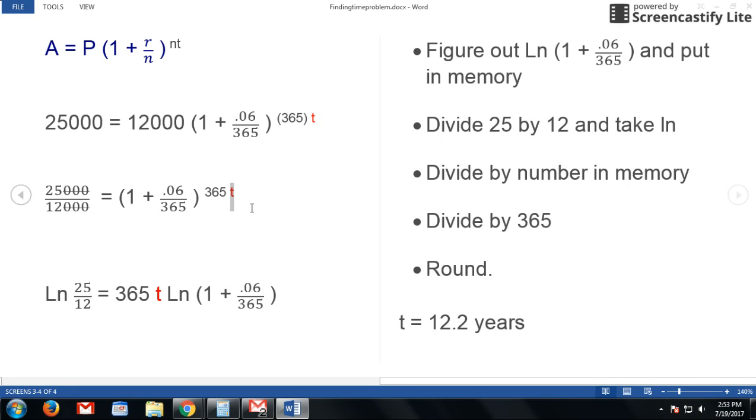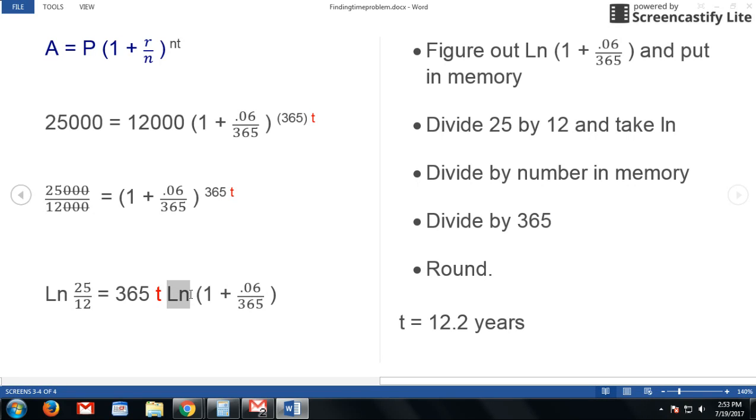To be able to get it out of the exponent, let's take a log of both sides. Anything we do to one side has to be done to both sides, so I'll first do the log of 25 over 12. I'm choosing to do natural log. When I do the natural log of 25 over 12 on the left, I need to also do the log of the stuff that is on the right.